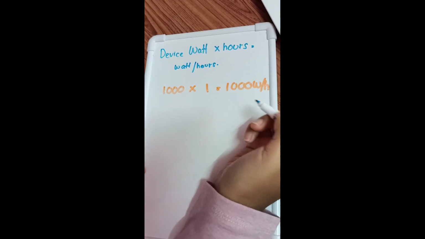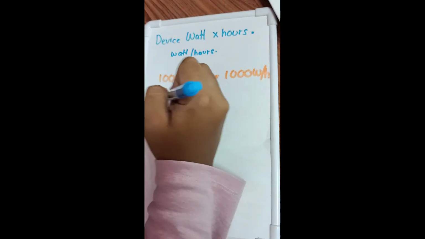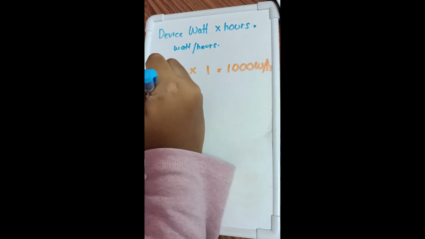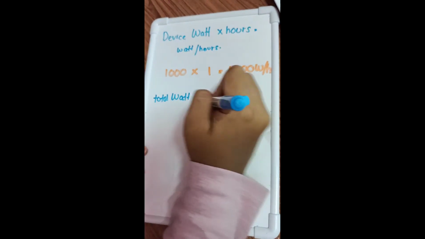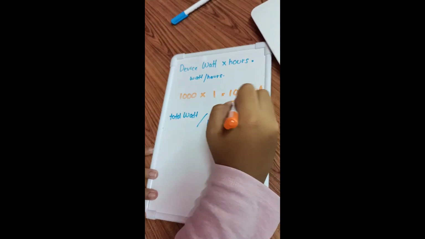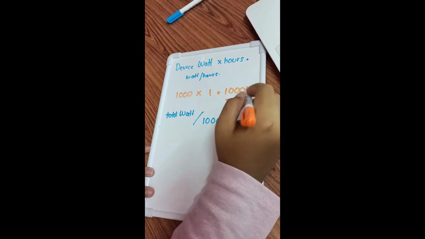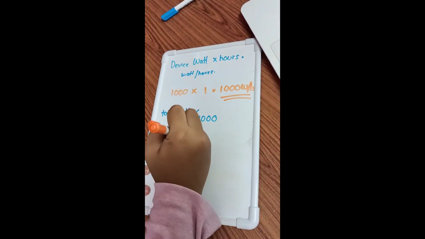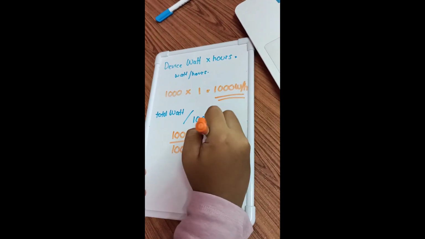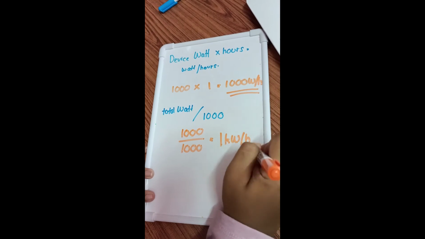Next, I will change watt to kilowatt, where the formula is total watt divided by 1000. Based on the calculation before, the iron is 1000 watt hour per day. So the total for iron is 1000 divided by 1000, equal to 1 kilowatt hour per day.